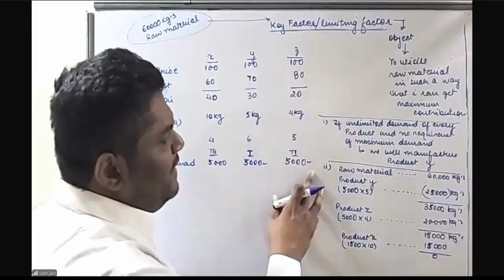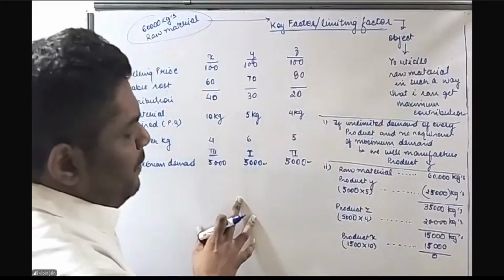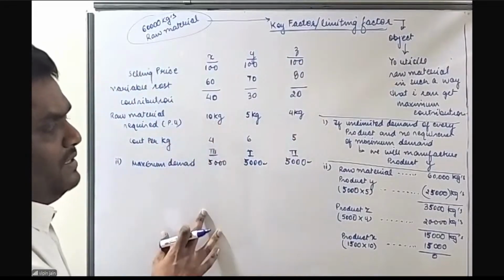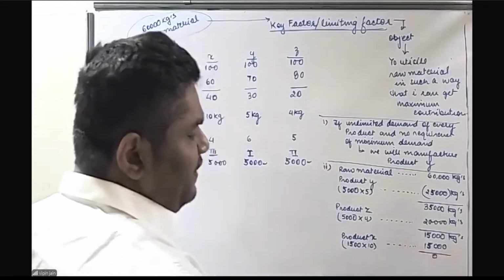For product Z, we will be manufacturing 5,000 units. And for product X, we will be able to manufacture only 1,500 units. Since the requirement is 10 kg, so 1,500 into 10, 15,000.